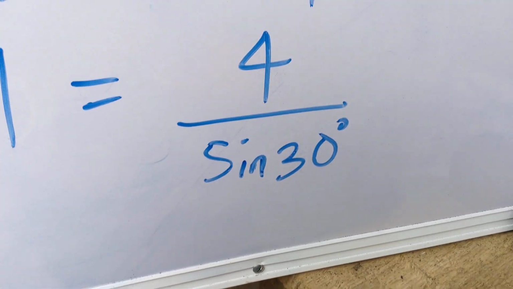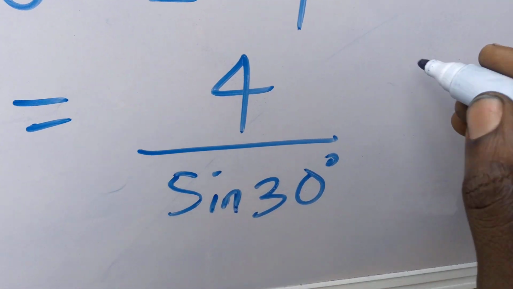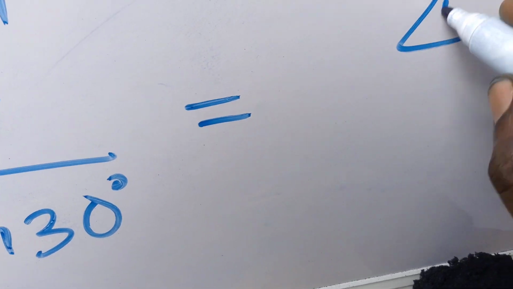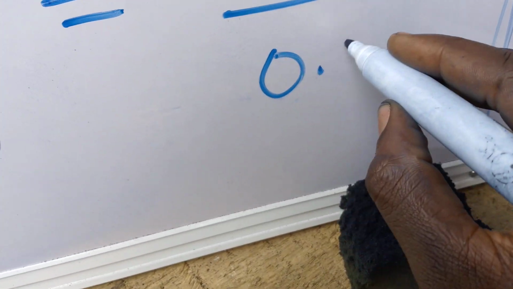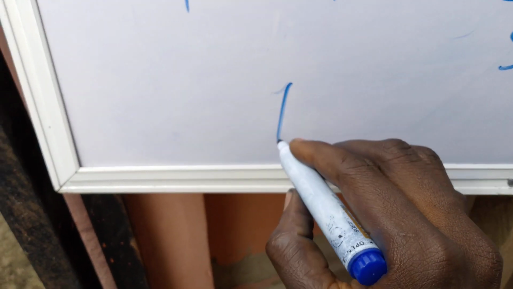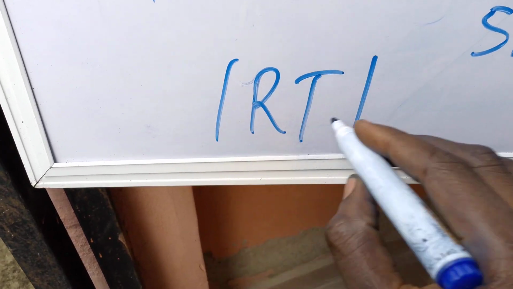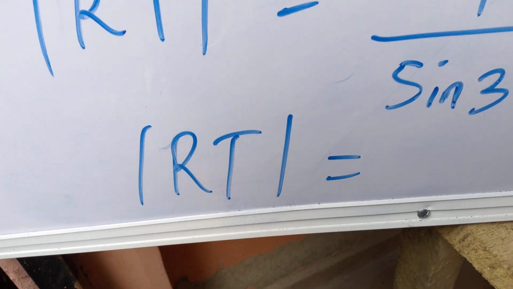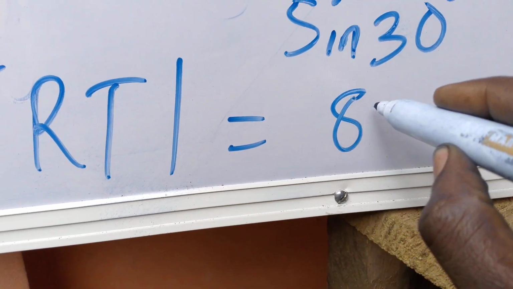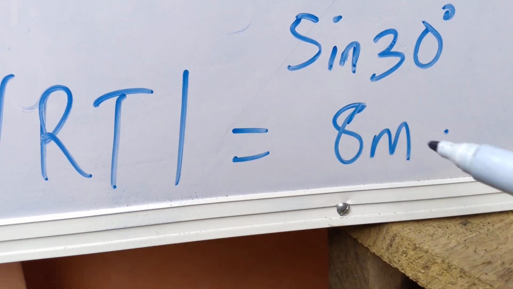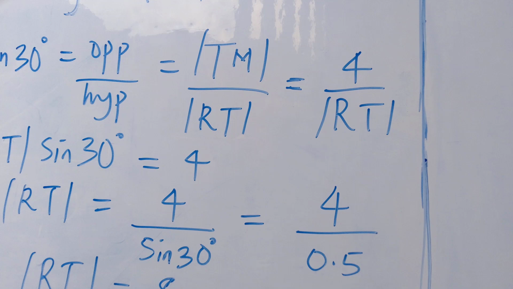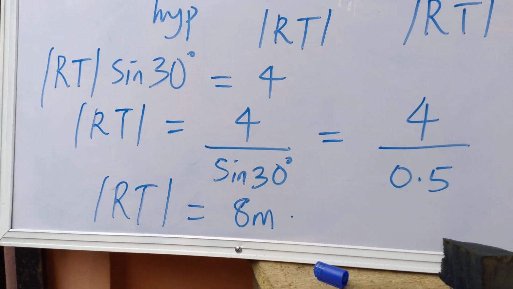Sine 30 is 0.5, so that is 4 divided by 0.5, which gives me RT equals 8. So RT is equal to 8 meters. Distance RT has been gotten as 8 meters.